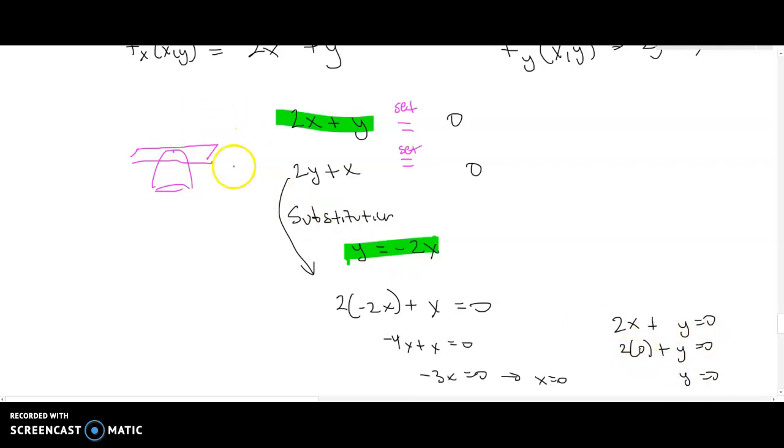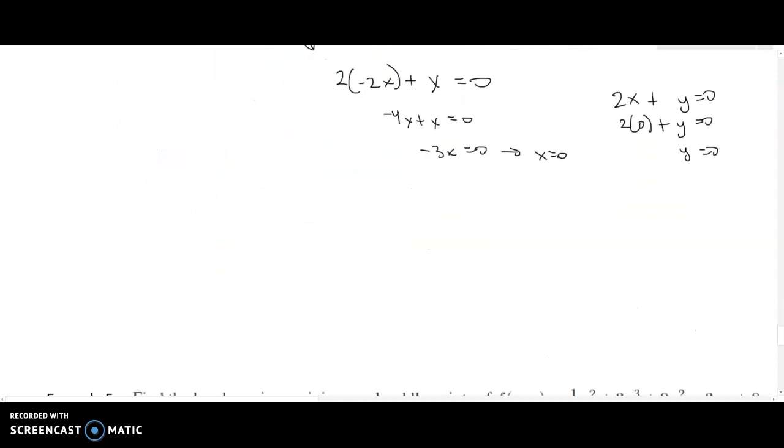If you do the same thing here, it's easier to do here in this equation because you've already got it set up in terms of y equals. So if you put in 0 for x here, you'd get y equals 0 as well. But if you use this equation, 2y plus x, if you substituted in 0 for x, you get y equals 0 as well. So at that point, it doesn't make a difference. So we know that the point (0, 0) is a critical point.